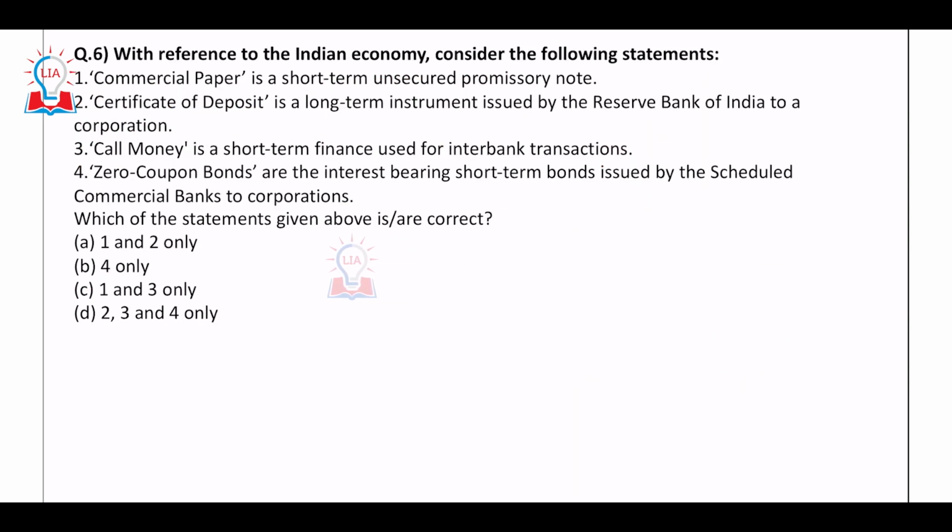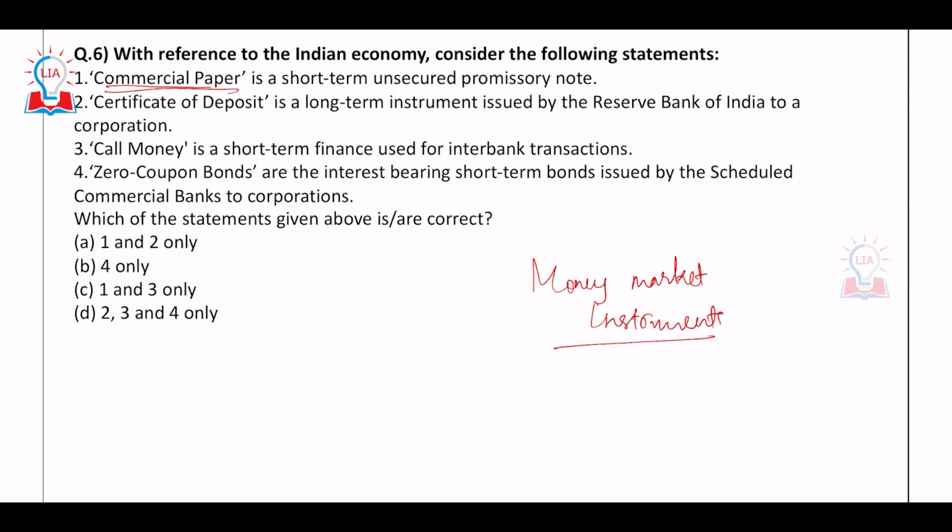Next, with reference to Indian economy, consider the following statements. These are all related to money market instruments. So commercial papers are the promissory notes issued by the corporates to raise the money.